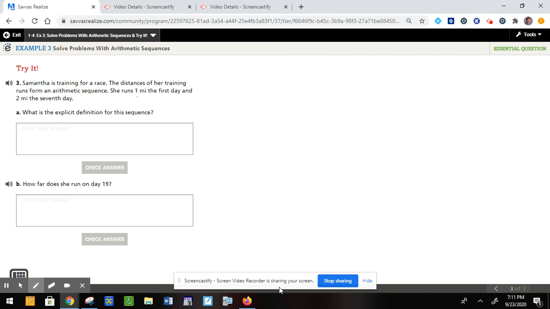Okay, so we're going to have to figure out what the common difference is. The information that we're given is that, well, let's start with the formula for the explicit definition of an arithmetic sequence. So you have a sub n is equal to a sub 1 plus the common difference times n minus 1.